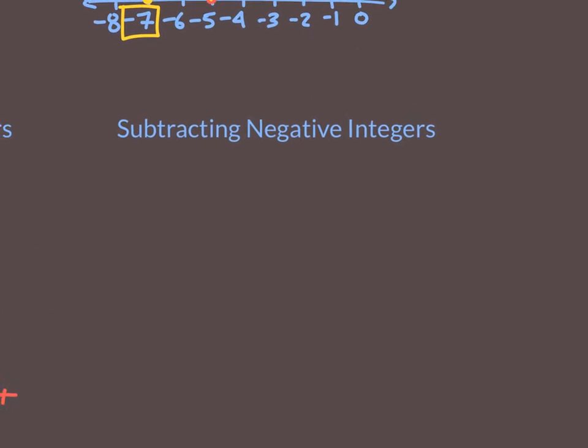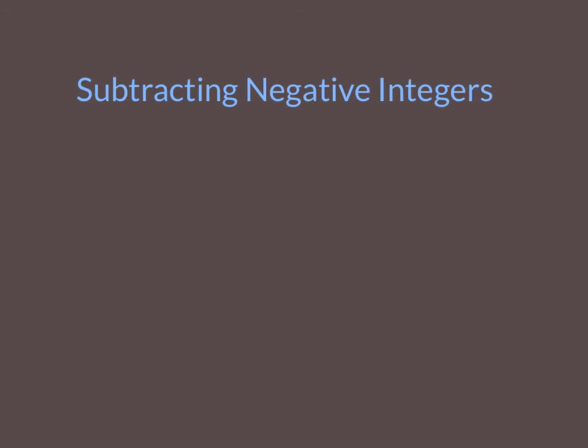All right, so let's take a look at the last option here. And this is subtracting negative integers, and it says just what it means. What I'm going to do is take 5 minus a -2.